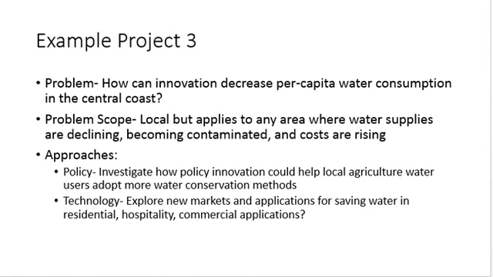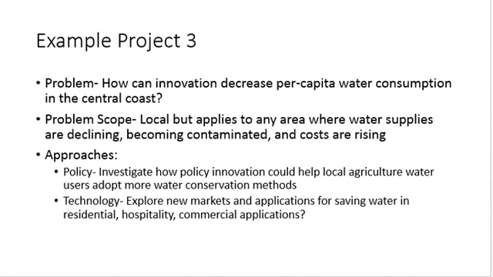Example project 3, just going a little more quickly, look specifically at how to decrease per capita water consumption in the Central Coast. We already know that while we're really good in California, we're not even close to where the Israelis are in terms of being able to measure water by the drop. And this is also one of those global problems where water supplies are dwindling and they become contaminated, or in other cases where the costs are just rising very rapidly.